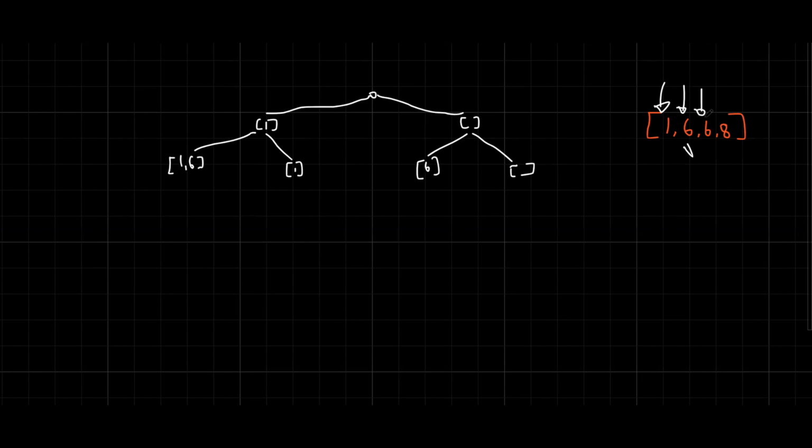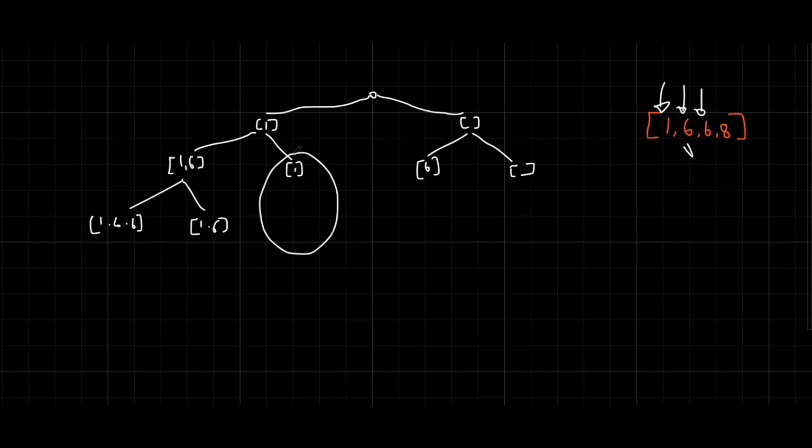So in this 6, we have also two choices. Either I can take it or I can ignore it. If I take it into this 1 and 6 subset, our set will become 1, 6, and 6. If we ignore this 6, then our set will remain the same, which is 1 and 6. Now, in this path, we have also two choices.